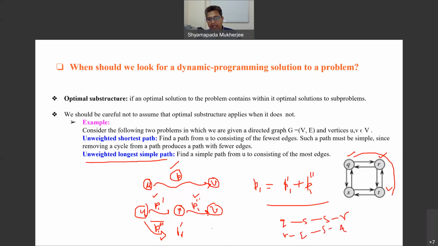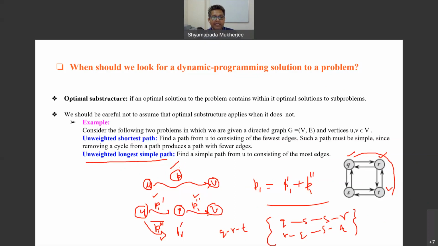So the longest optimal path Q to R and T is not a combination of these two optimal solutions to the subproblems of finding the longest simple path from Q to R and R to T. But in this case, for simple unweighted shortest path, it is satisfying.